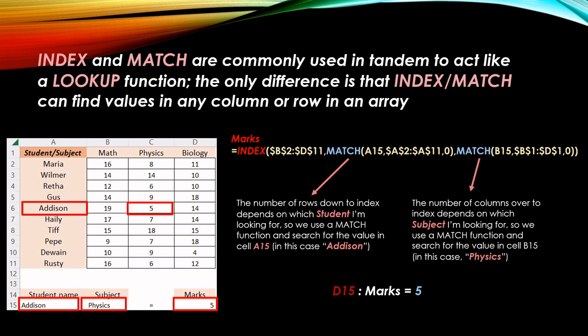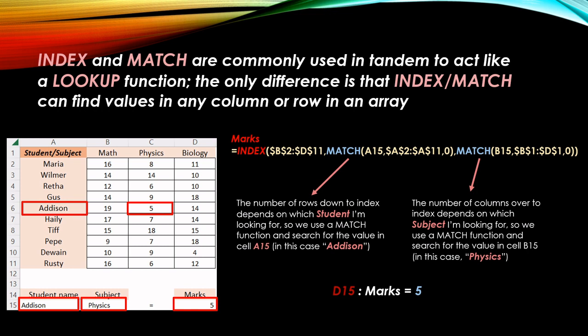So what we can do here is create a match function that says, let the teacher enter whichever student name he or she is looking for in cell A15, and we are going to say match that student name within the range from A2 through A11, and then the answer is going to tell you how many rows down to move in the index.